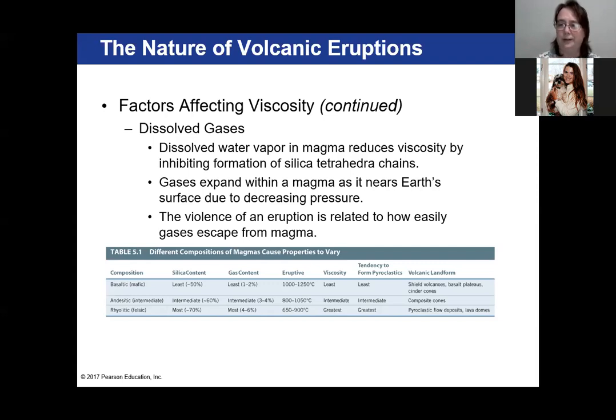Pyroclastic is something like what happened at Pompeii. That magma was very, very viscous and had a lot of gases in it and just exploded with lots of rocks and shards and things. So total opposite of what a Hawaii eruption looks like.